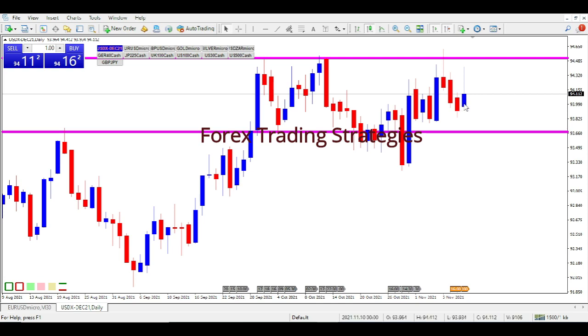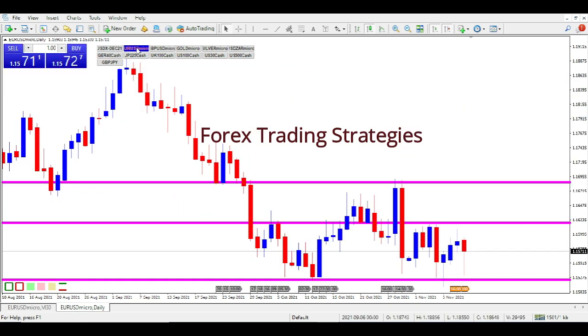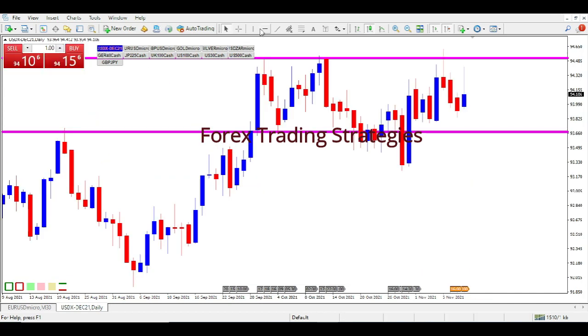Look, same candle on dollar index. It's the same candle on Euro USD, except that on Euro USD, it's what? It's facing up. On US dollar index, it's what? It's facing down. Guys, these are simple things that you can do with your trading.